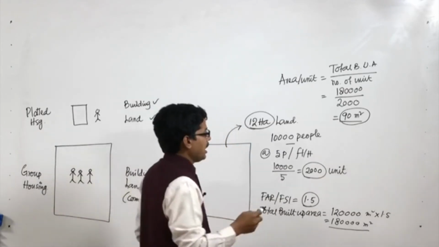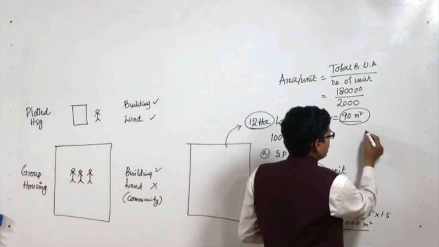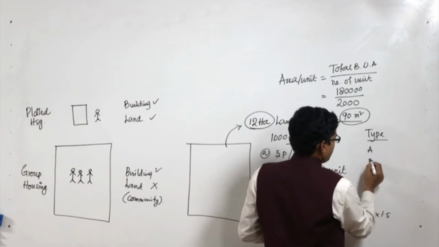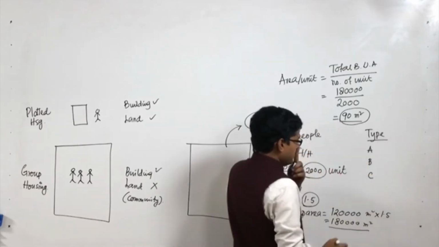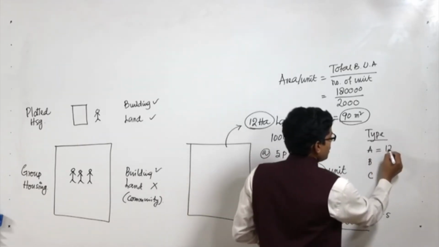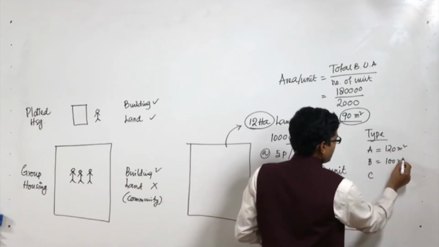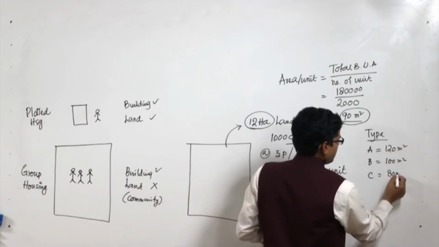Now, let us assume that you are taking 3 typologies, type A, B and C. Type A, for example, is 120 meter square, type B say 100 meter square, and type C 80 meter square.